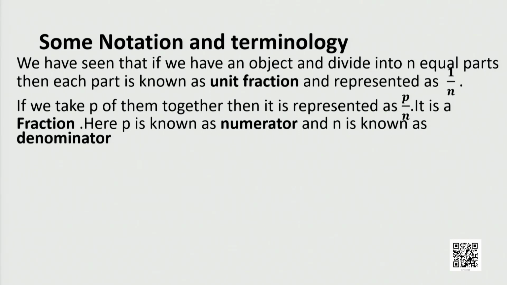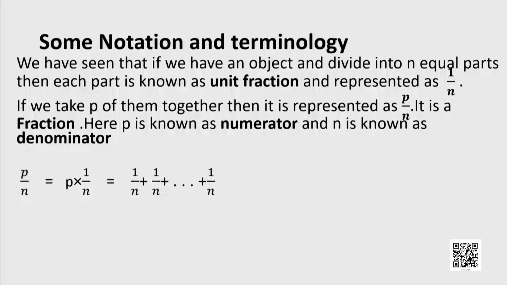So when we write p over n, p is known as numerator and n is known as denominator. So remember that when you have a fraction like p over n, p is known as numerator and n is known as denominator.